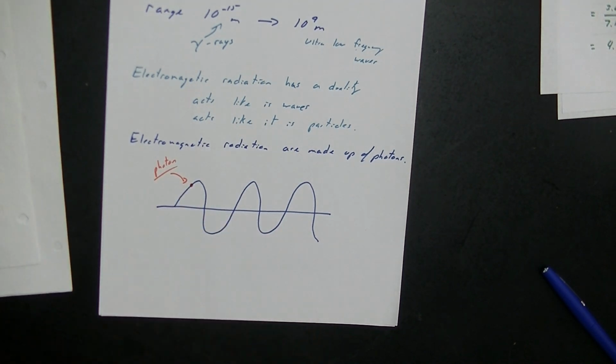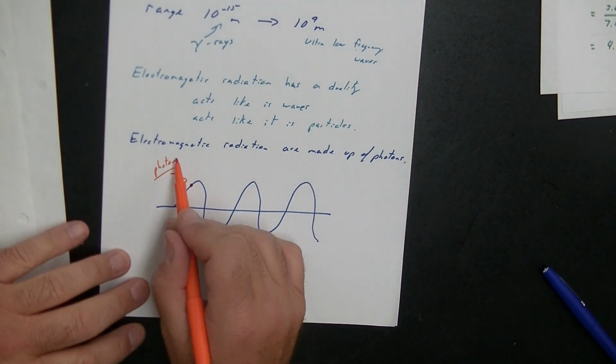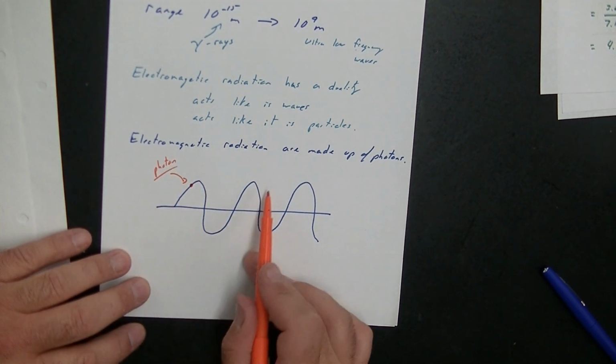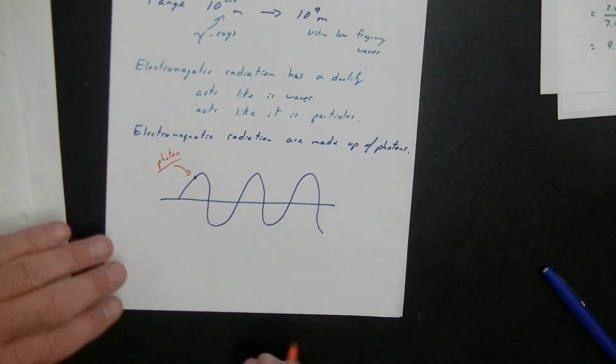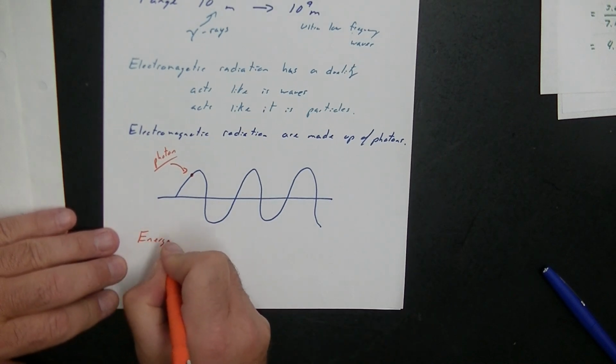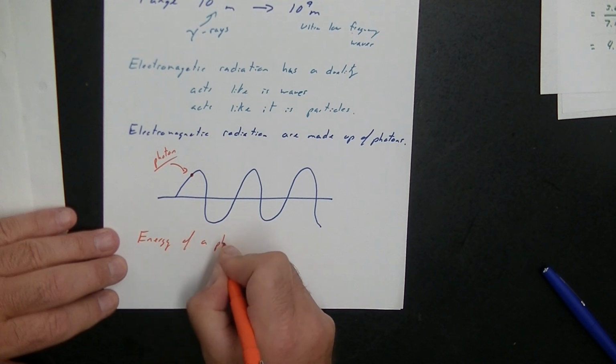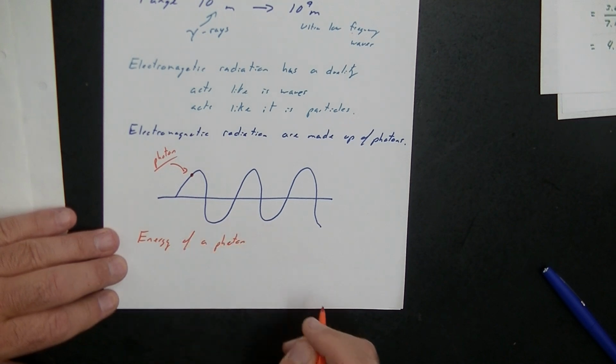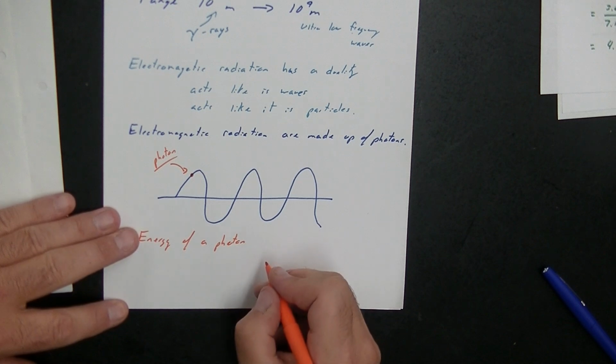And we can actually calculate the energy associated with a photon of light. So the energy of a photon is directly proportional to frequency.